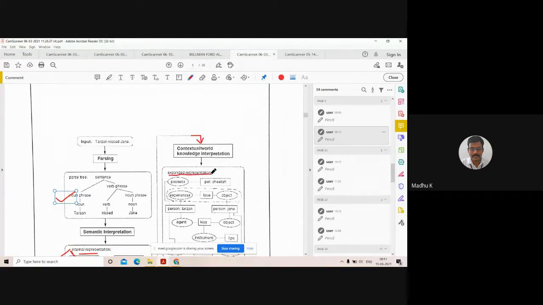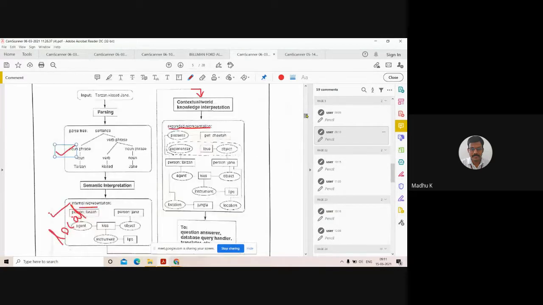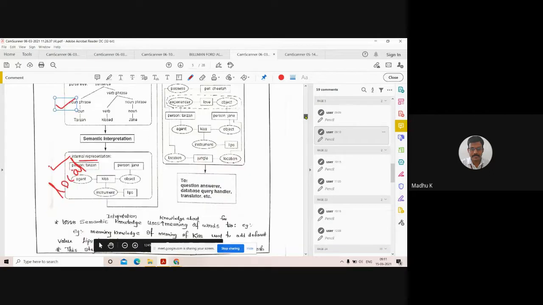World knowledge is essential to understand the sentence. That is called the expanded representation.